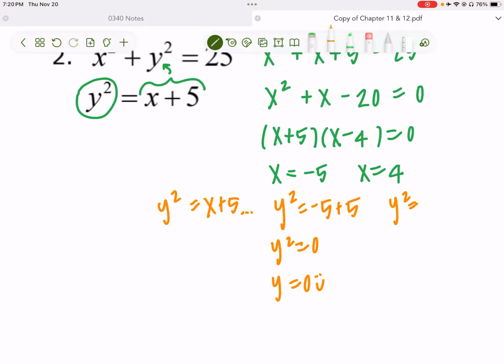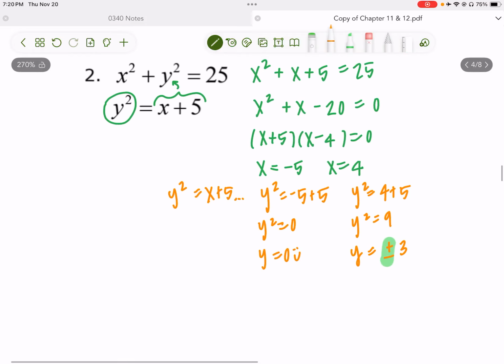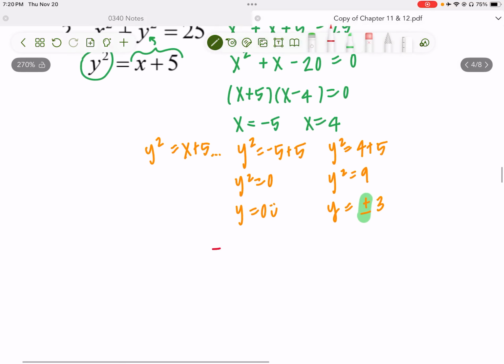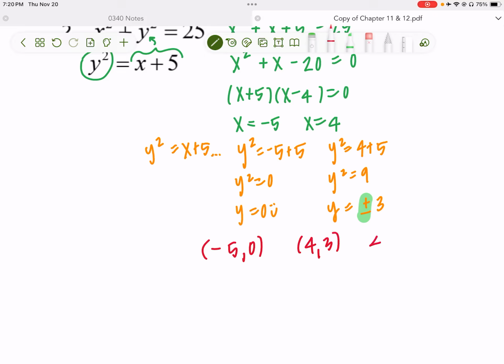And then we have y squared equals 4 plus 5, or y squared equals 9, or y equals plus and minus 3. Okay, I just want to point that out. That's important. There are two solutions because for a square root, there are always a positive and a negative. So in this case, we have 3 points of contact, and they are (-5, 0), (4, 3), and (4, -3).